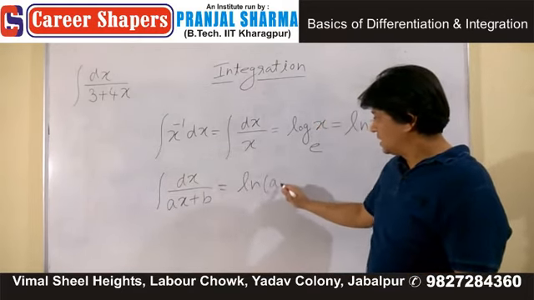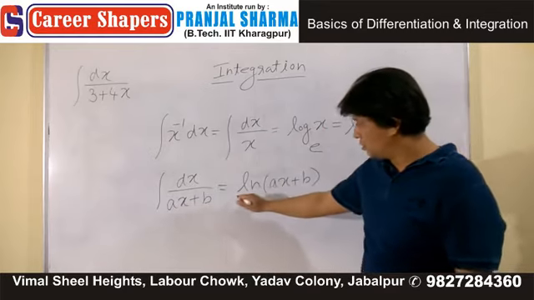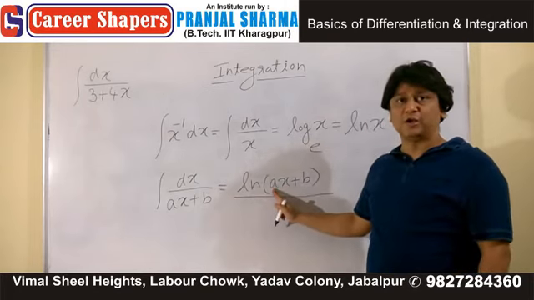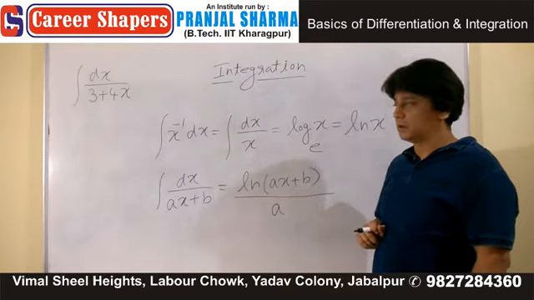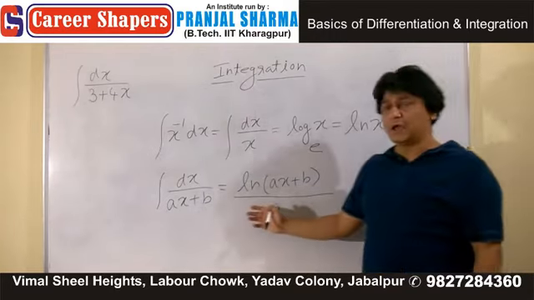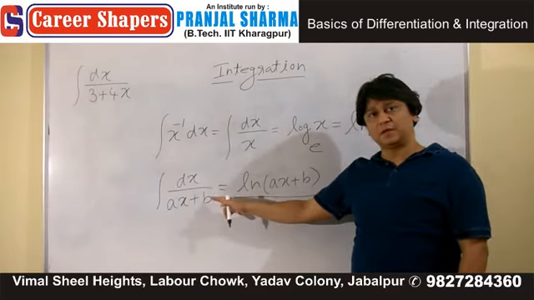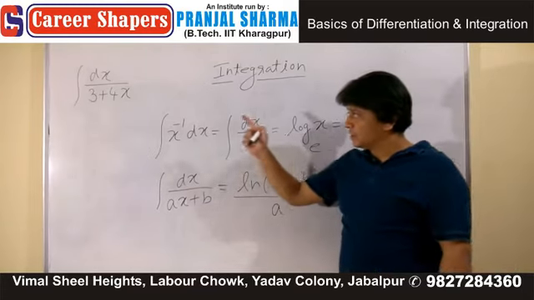Ln of ax plus b whole divided by coefficient of x. What is coefficient of x? A. Standard formula, remember it, and then if your question is in the form of ax plus b, divide by the coefficient of x.